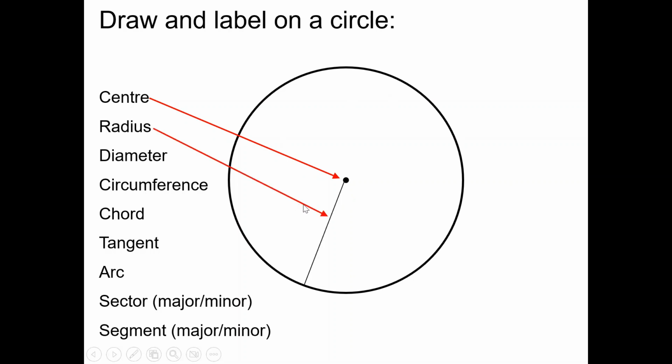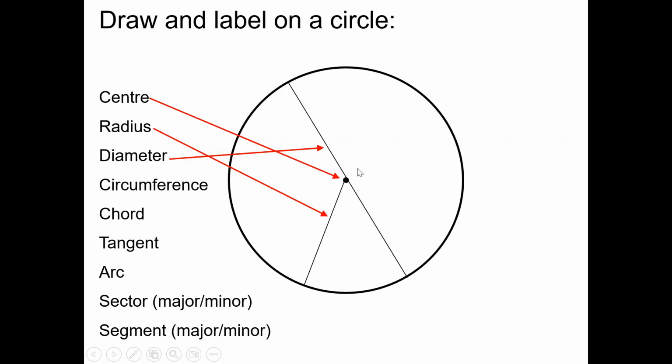Now, the radius is just the distance between any point on the circumference of the circle to the center. The diameter passes through the center and touches the two ends of the circle. It also divides the circle into two equal parts.